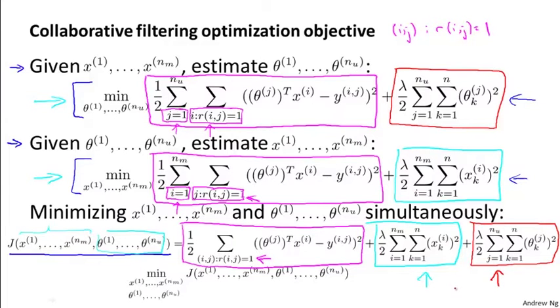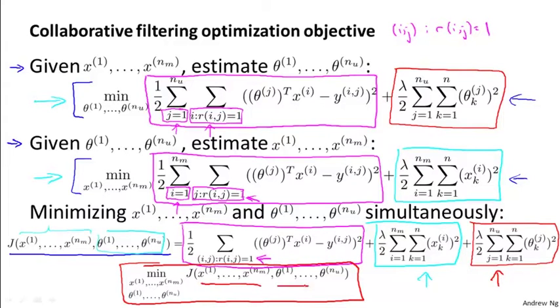So here's an optimization objective that puts together my cost functions in terms of x and in terms of theta. And in order to come up with just one optimization problem, what we're going to do is treat this cost function as a function of my features x and of my per user parameters theta, and just minimize this whole thing as a function of both the x's and the thetas.